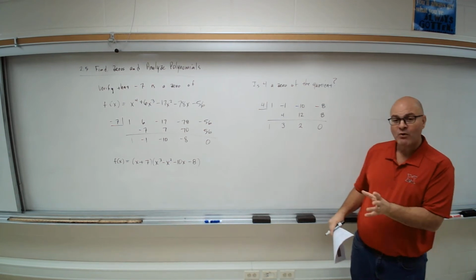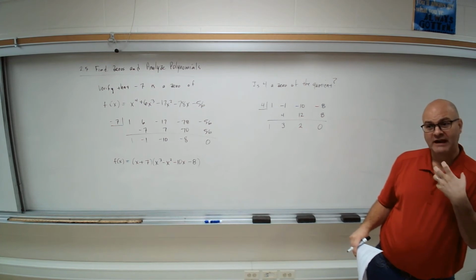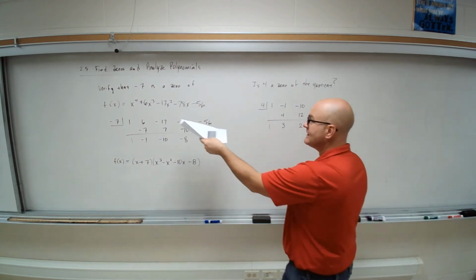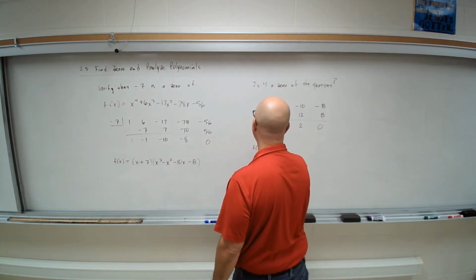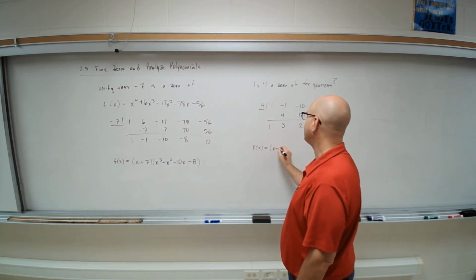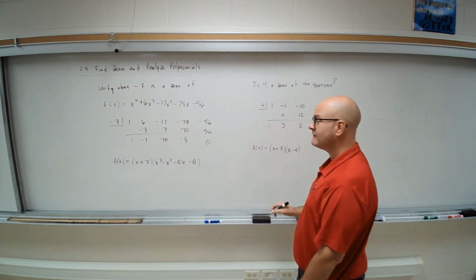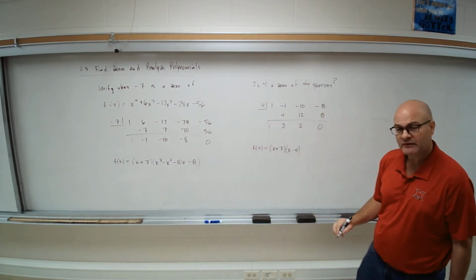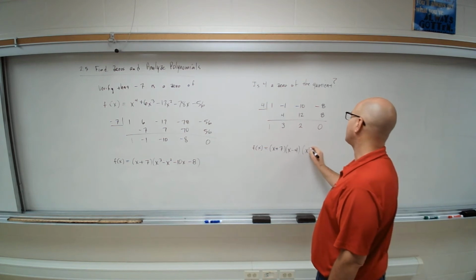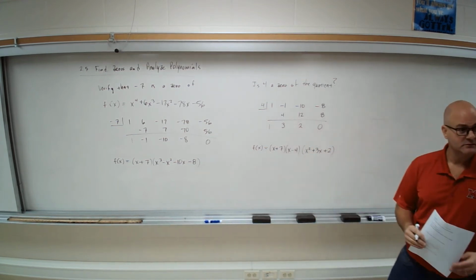So now at this point, this is really important to write. It'll really help us keep what we're doing straight. f of x, the original polynomial, has a factor of x plus 7. It has a factor of x minus 4, right, because we know those are both zeros. And then it has x squared plus 3x plus 2.